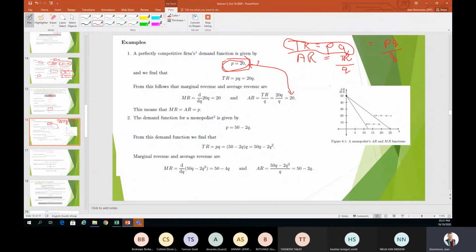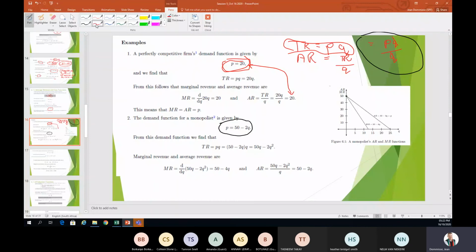Okay, but this was an easy one because it was only that. If it was P is equal to minus 0.5Q plus something, then it becomes more difficult. But when it is that straightforward from the formula, it is very simple to see that P times Q divided by Q, you're actually getting the P at the end again. But it's a bit more difficult when you're sitting with something like this.